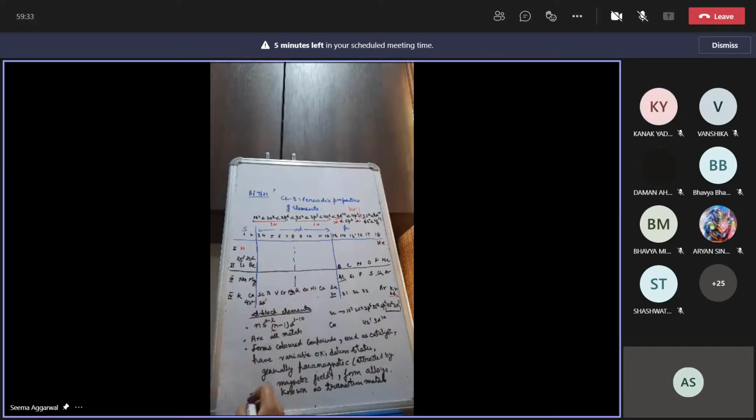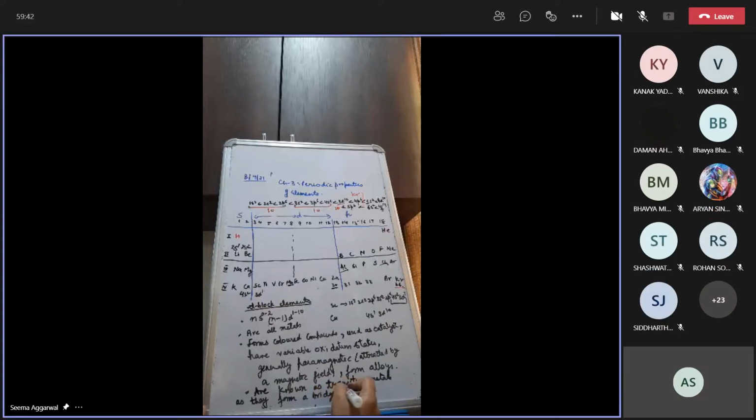Just write down: as they form a bridge between chemically active S block elements and less active P block elements. See, I have used NCERT language here.